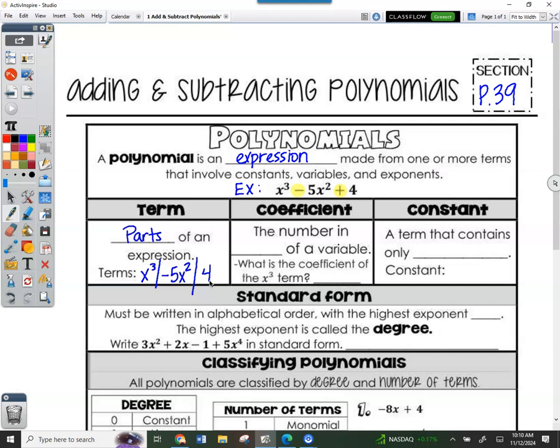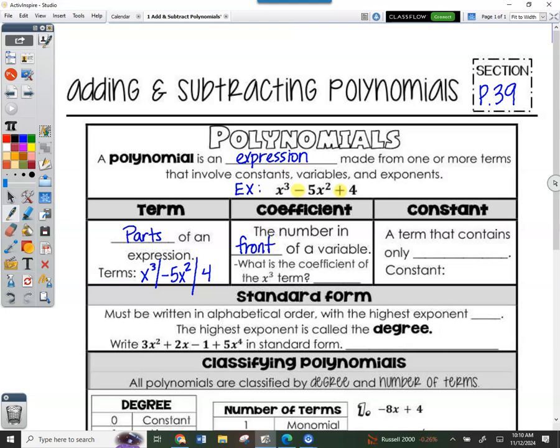Coefficient should ring a bell. A coefficient is the number in front of a variable. The number in front of a variable. So what is the coefficient of x cubed? Well, what's the number in front?